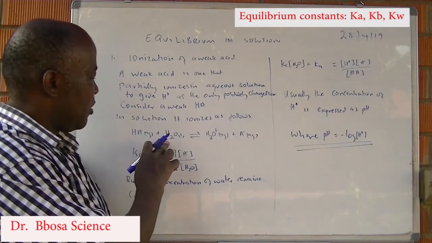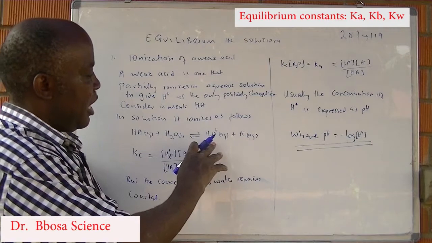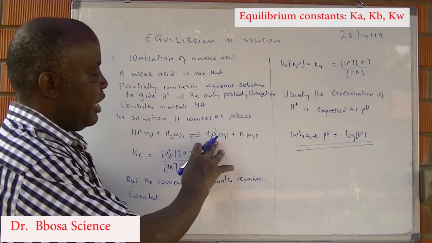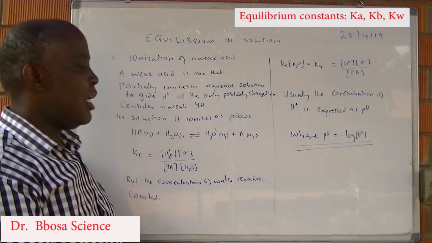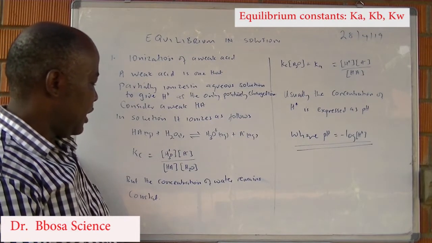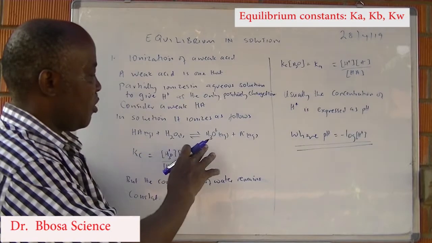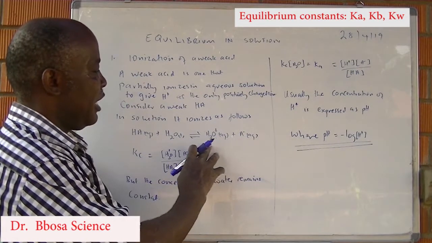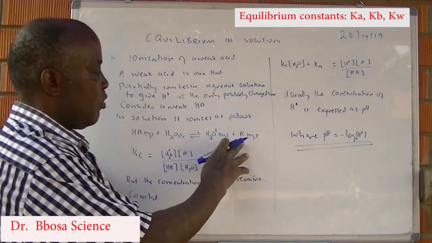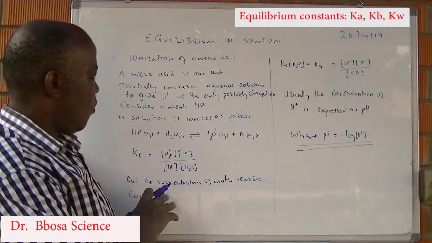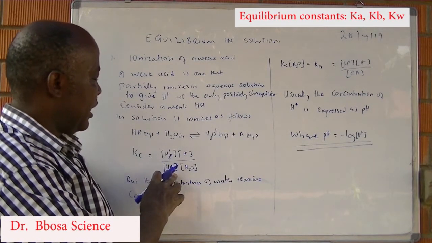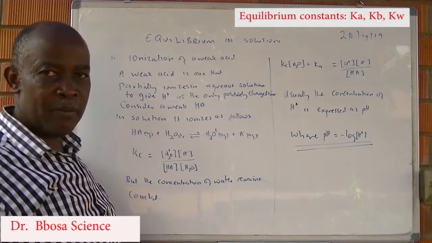Acid plus water, you get hydrated hydrogen ions plus negative ions. Kc will be equal to concentration of hydrated hydrogen ions times the concentration of negative ions over the concentration of the acid times the concentration of water.